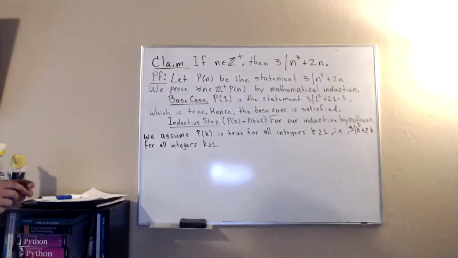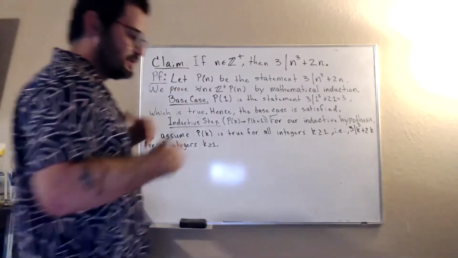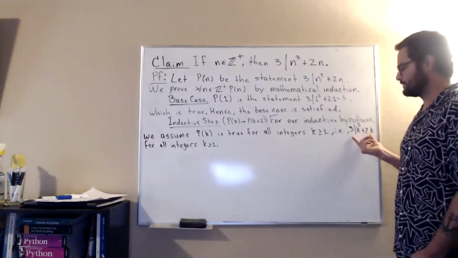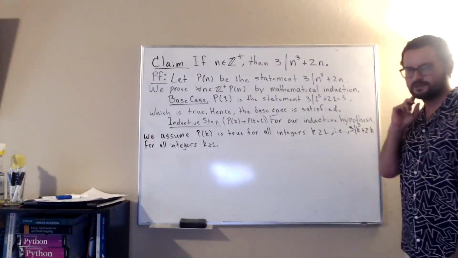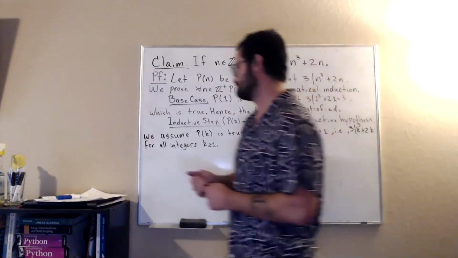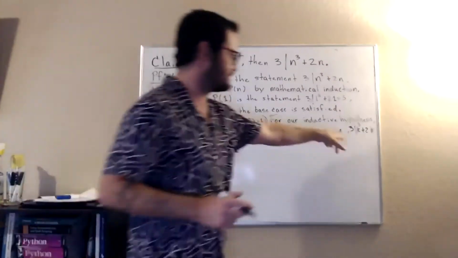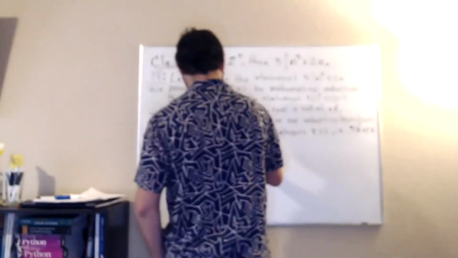Okay, so we've made an assumption. Our assumption is that 3 divides k cubed plus 2k for all k greater than or equal to 1. So then by definition of divisibility, we know something.